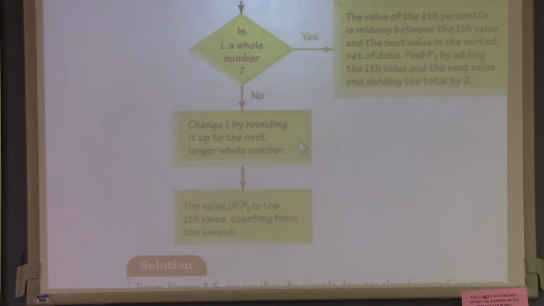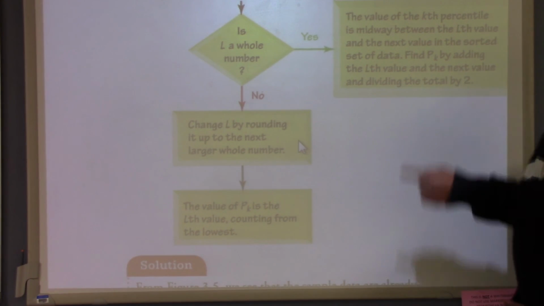It says if it's not a whole number. What's not a whole number? 7.01, 7.99, 7.5, 7.3. It doesn't matter. If you do the calculation and you come up with a decimal, I don't care what the decimal is, then you have to bump it up to not 7 but 8, and you count to that number.